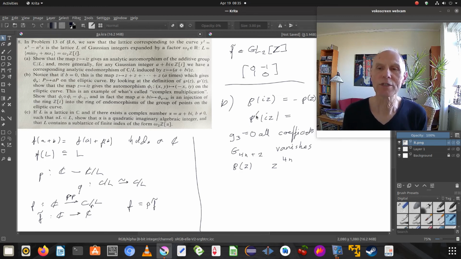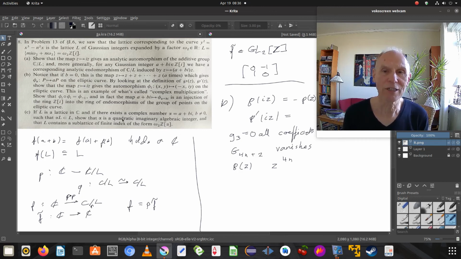I just wanted to see if I could derive them from the recursion relations for the coefficients G2n, and it turned out that I could. So that was what I wanted to do with part B.